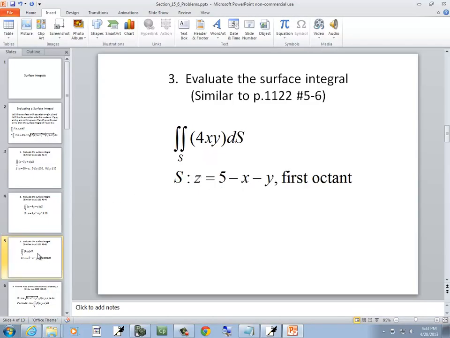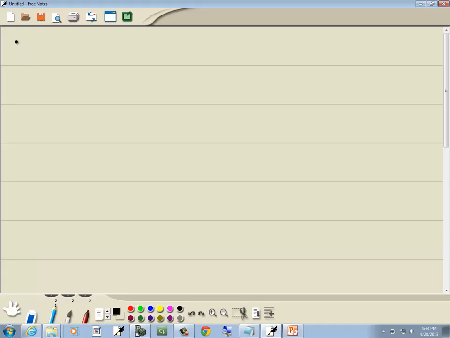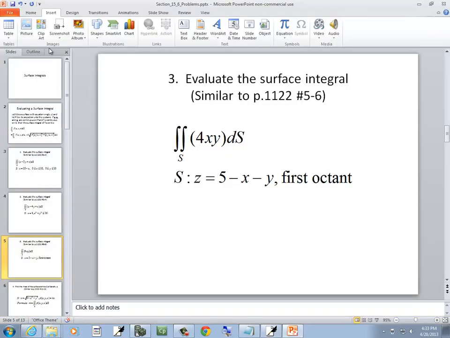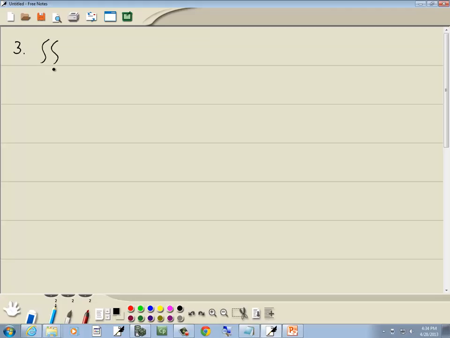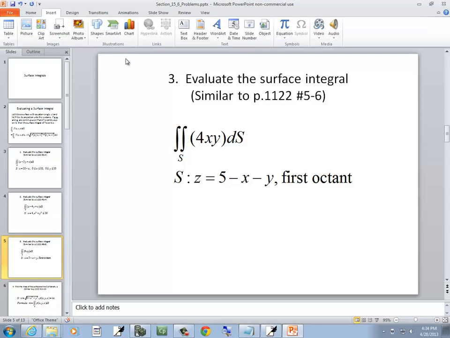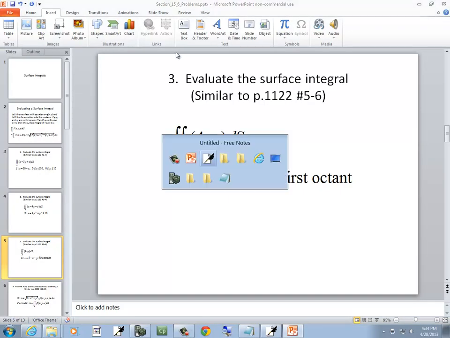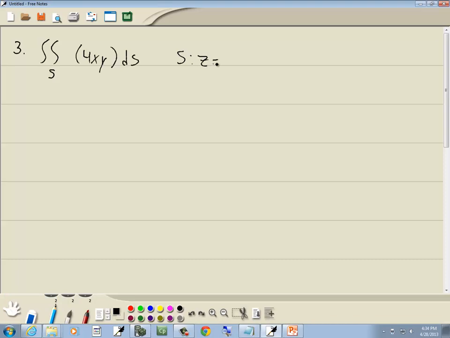And let's look at our next problem. We got 4xy and s is z is equal to 5 minus x minus y, first octant, which means everything's positive and everything starts at 0.